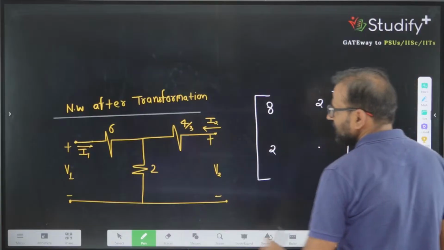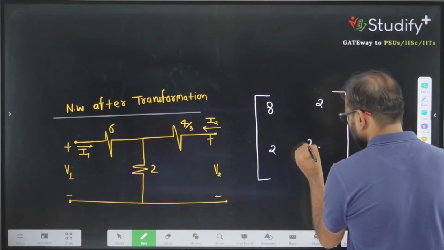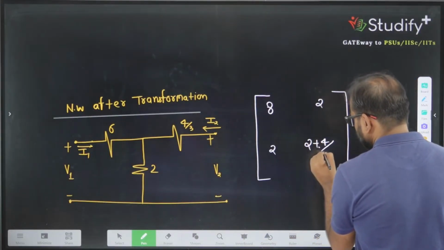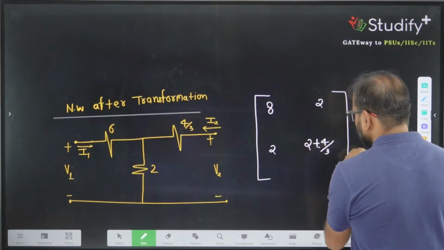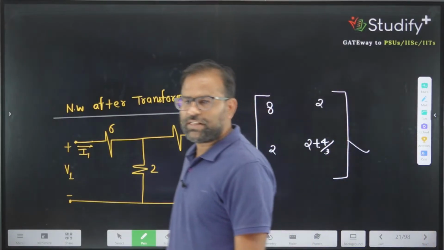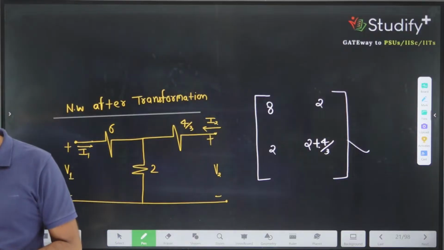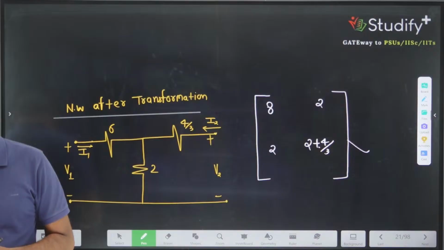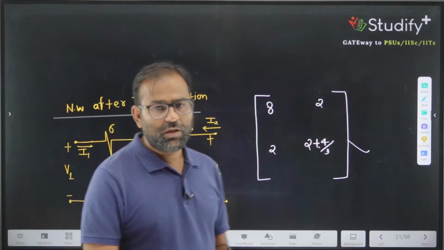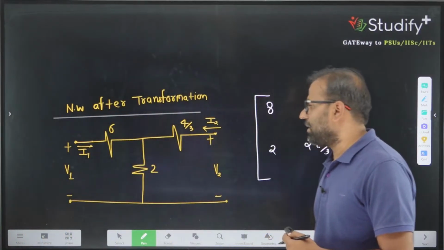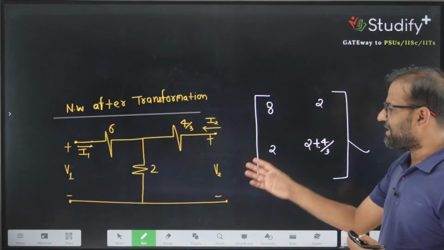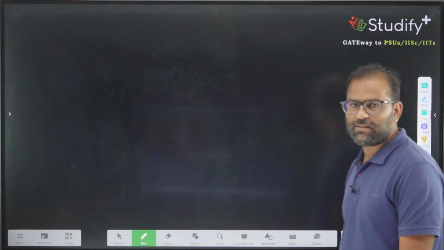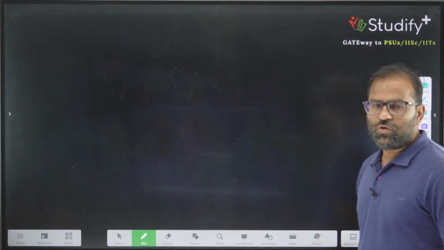And this parameter is 2 plus 4 by 3. All the parameters you can calculate very easily. It is very simple to comment on Z parameter when T section is available to you. I hope this is clear. Let's go for the next.